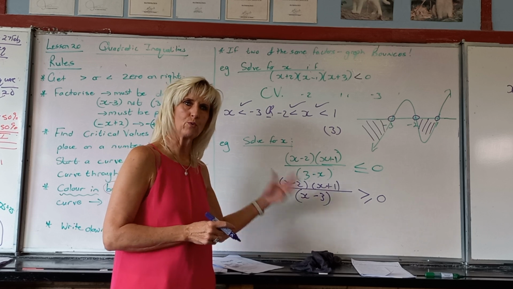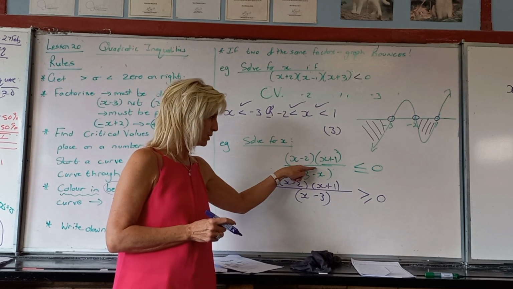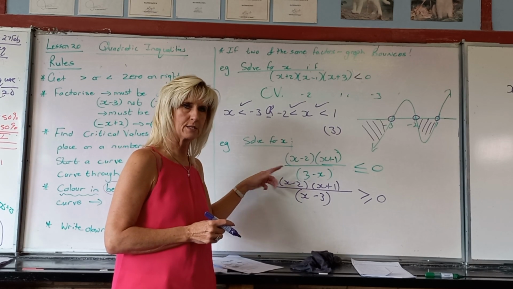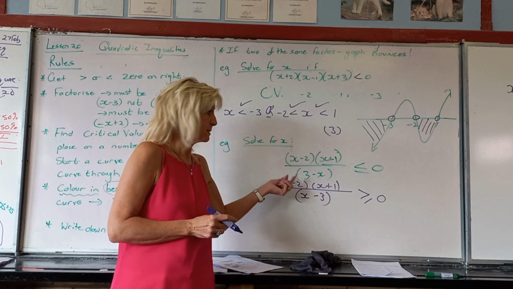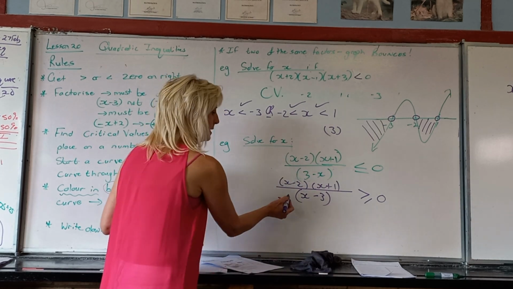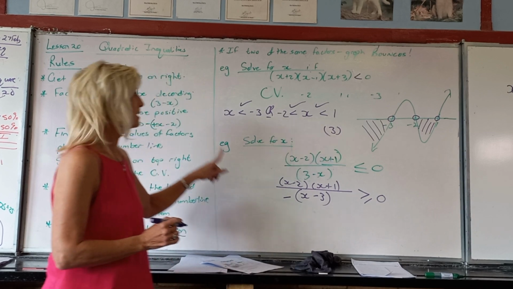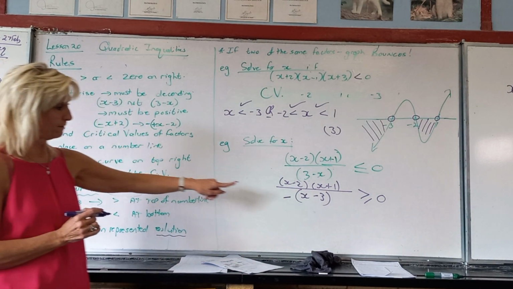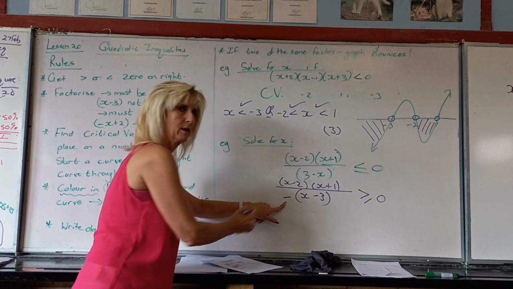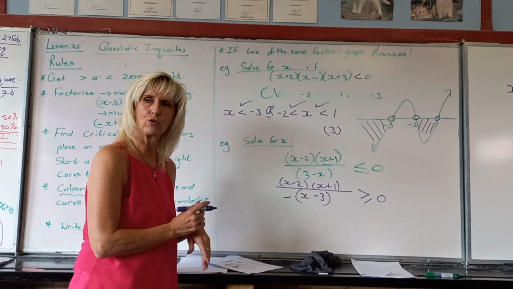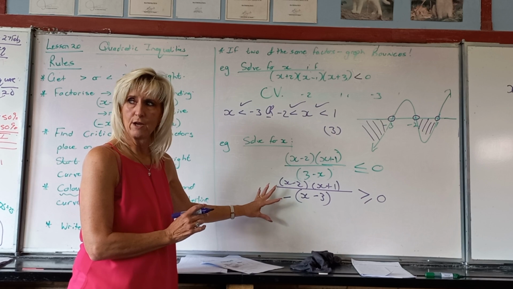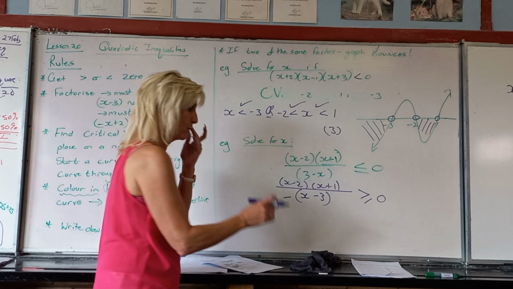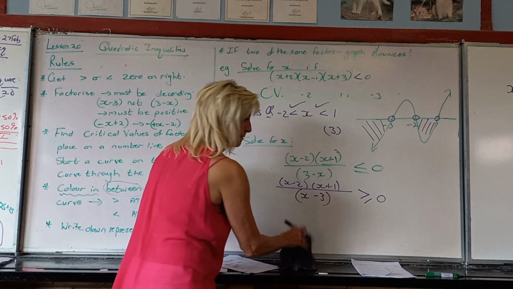Now, usually we show the multiplication inside and outside, but you now know that that minus must be gone. You can't have a minus hanging around here because that means it's not positive. Every factor must be positive, and a minus 1 is a negative factor. You can't have that. So immediately I multiply it away and I've got a positive.